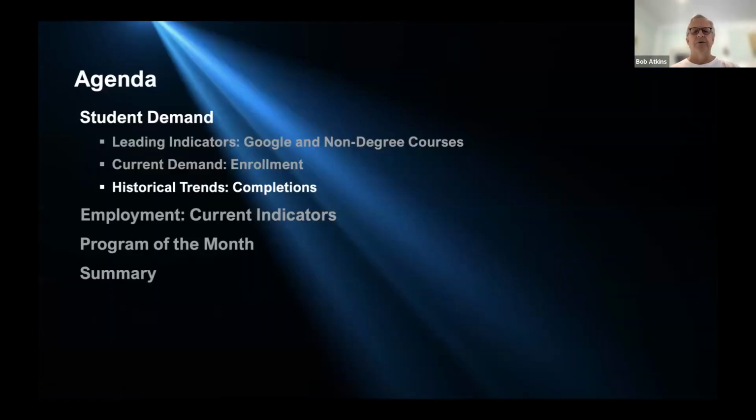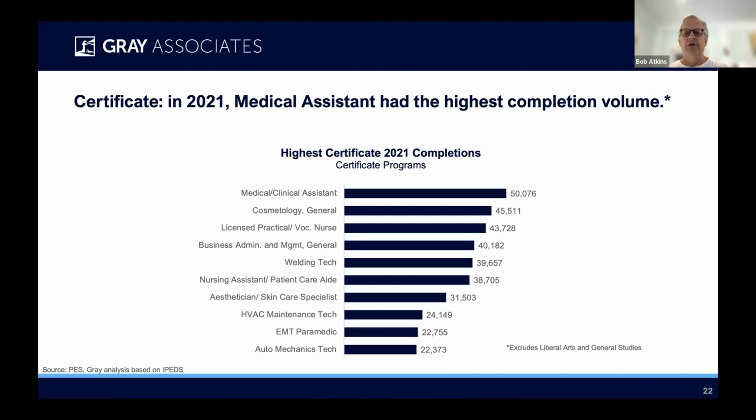Now let's look backwards, and it's interesting to see how what IPEDS is saying about what happened differs from what Google says is going to happen and what the National Student Clearinghouse says is happening. So if you will, now we're going into the ghost of Christmas past. So historically speaking, the highest completion program is medical clinical assistant, followed by cosmetology.